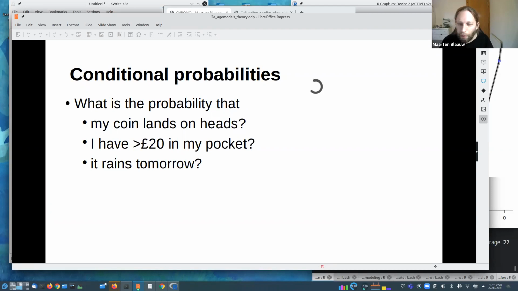What's the probability that it will rain tomorrow? Well, again, that depends on where you're asking, how to define rain. So again, it depends on the context. Or even events that happened. What's the probability that it rained yesterday in Bangor?